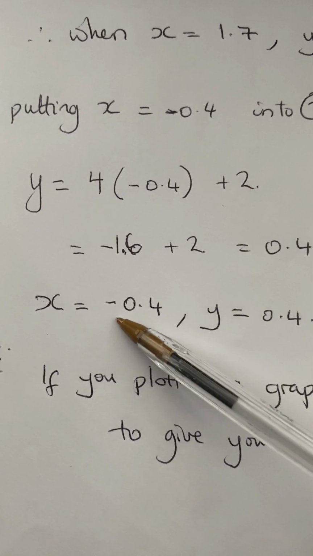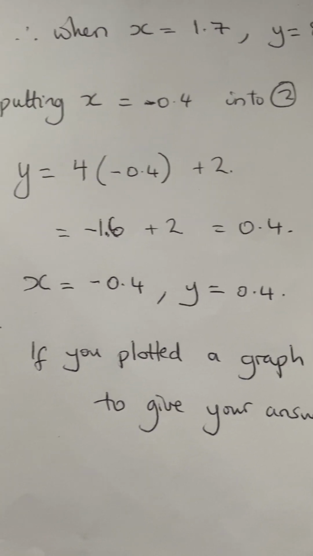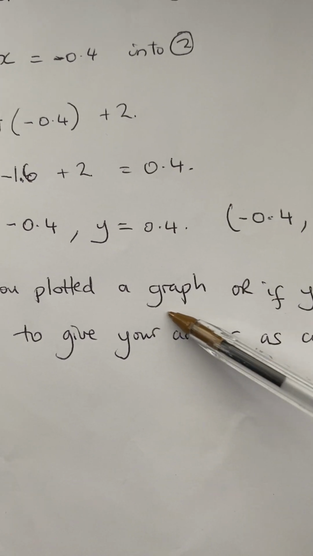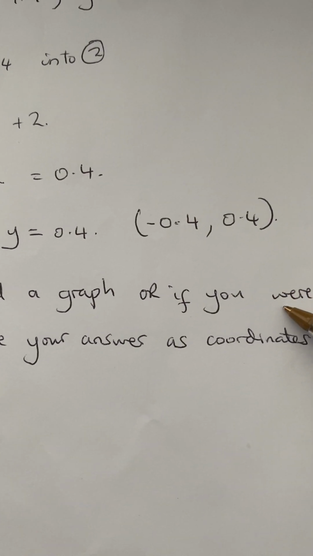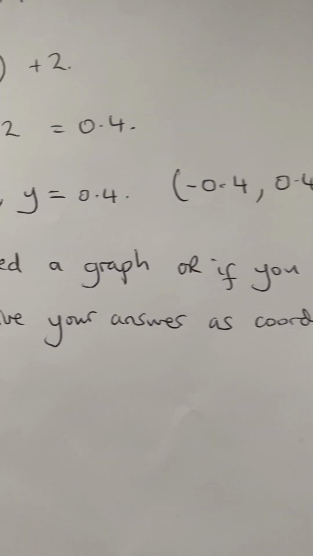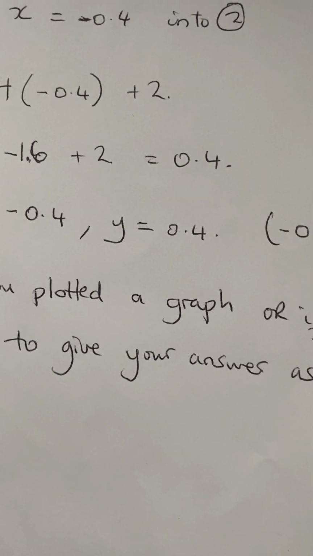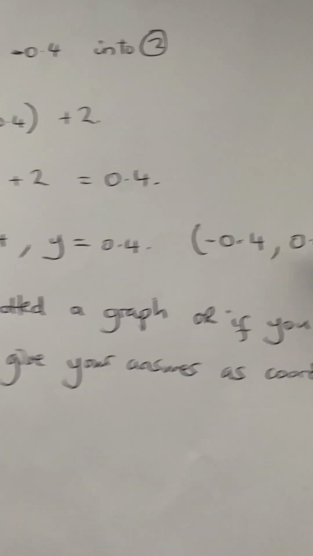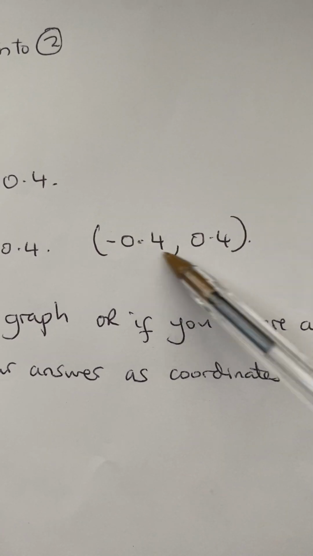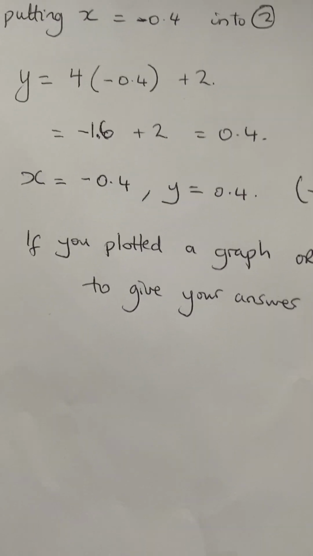So when x is minus 0.4, y will be 0.4. So assuming you plot the graph and you were asked to leave your answer as coordinates, then this is what you do. Or if you had plotted the graph, you are going to get values, two coordinates in this form.